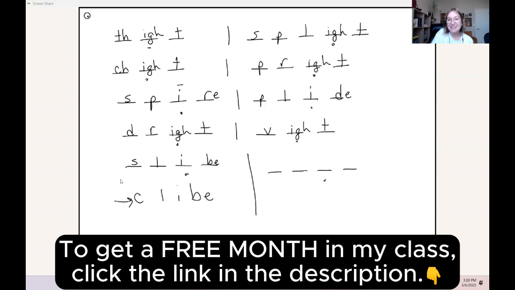Excellent. There we are. Beautiful. Trite. So it begins with our consonants, T, R, and it ends with a consonant T. Since it's a one vowel word that ends with a T, that's where I put my IGH.